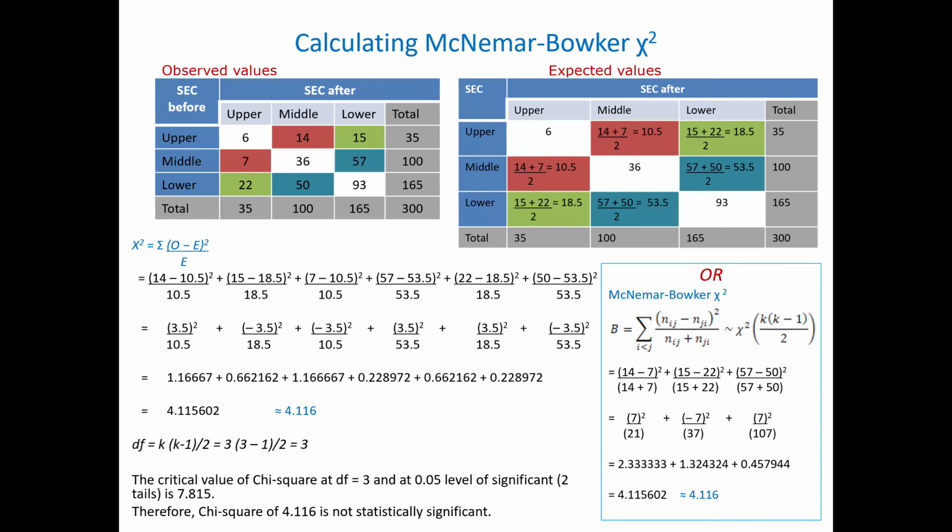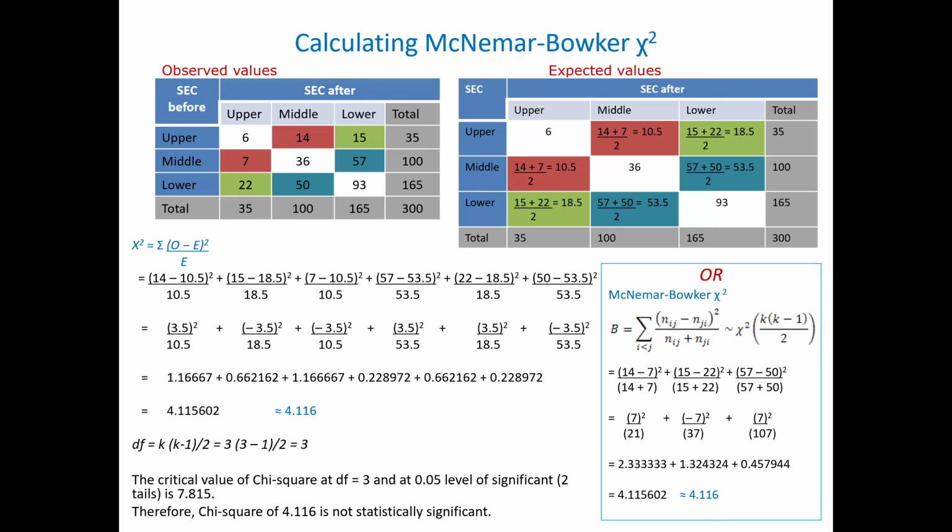How do we calculate? The first thing is for us to calculate the expected value. How do we calculate the expected value for each of the discordant cells? The first pair is 7 and 14. If the null hypothesis were true, 7 plus 14 divided by 2 will be what is in both cells. So 7 plus 14 makes 21, divided by 2 gives you 10.5.